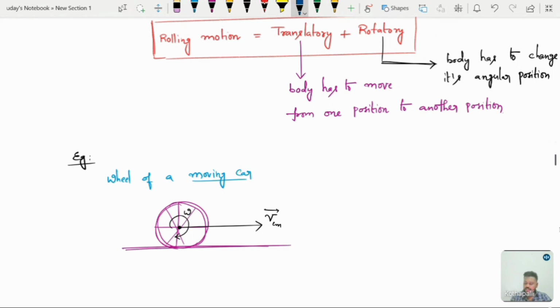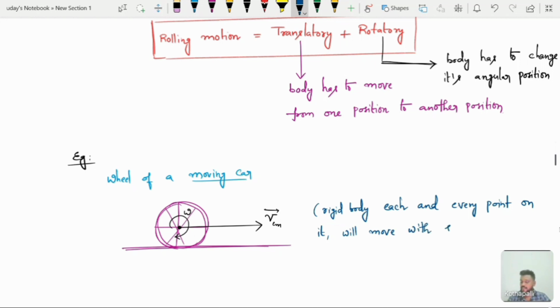So here, why I mentioned the velocity of center of mass: if a body is a rigid body, each and every point on it will move with the same speed or velocity as the center of mass speed.